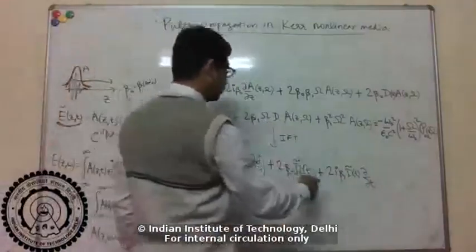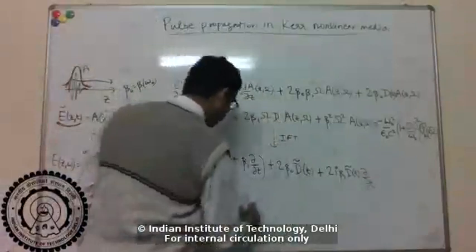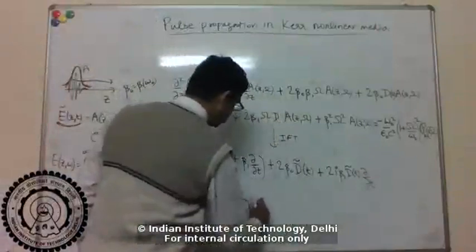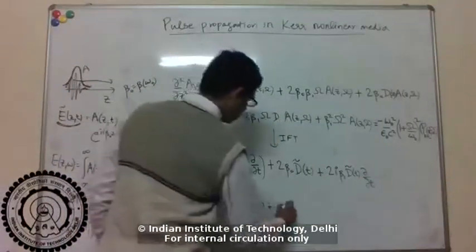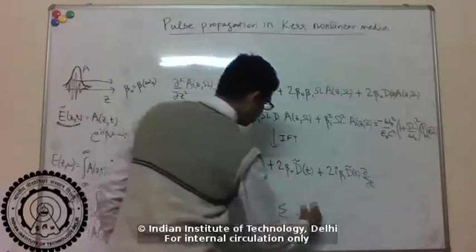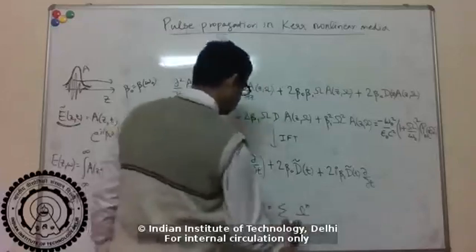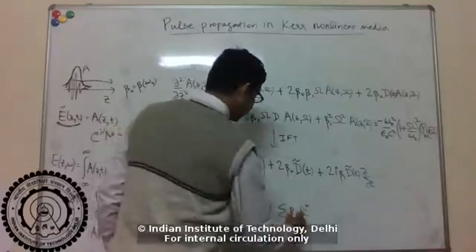So let's write explicitly what D does. D is a power series in omega, with some constants beta n.